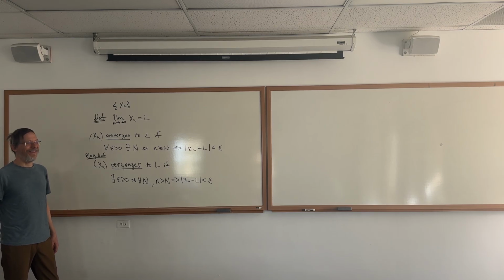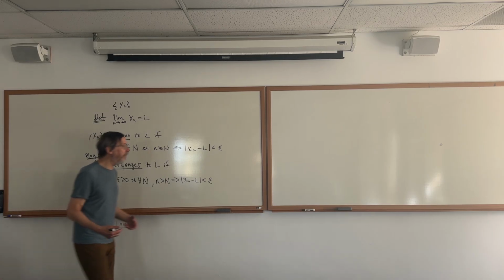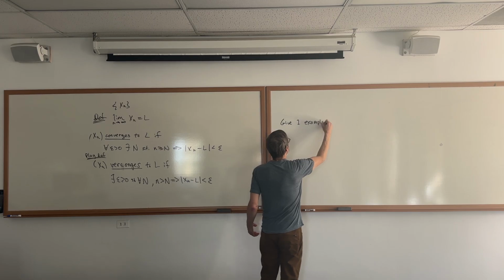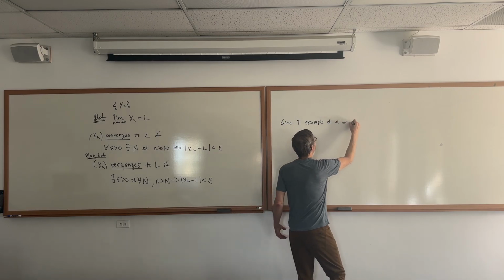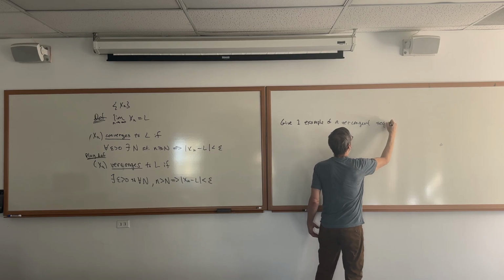So you're really going to have to think about what this definition means. I would think about those epsilon tubes and stuff like that. The picture is going to help process this. So give one example of a vercongent sequence.